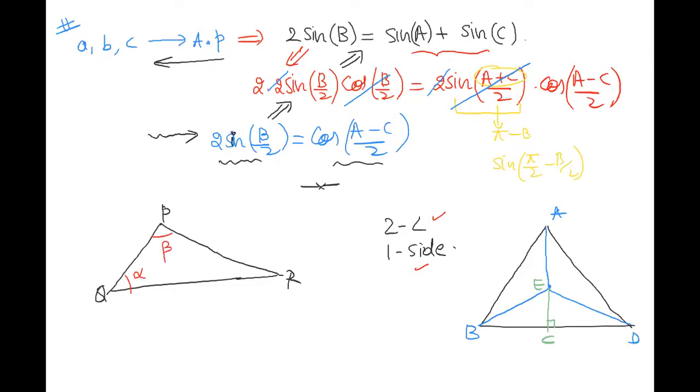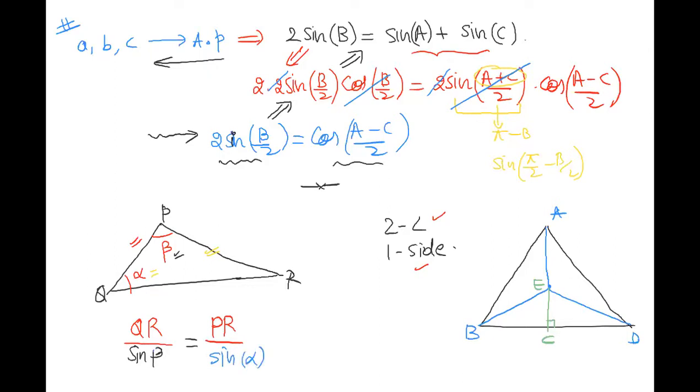According to the sine rule, QR divided by the opposite angle, which is sine beta, is equal to, if I'm taking PR, then the opposite angle to this side is alpha, so I will write sine alpha.